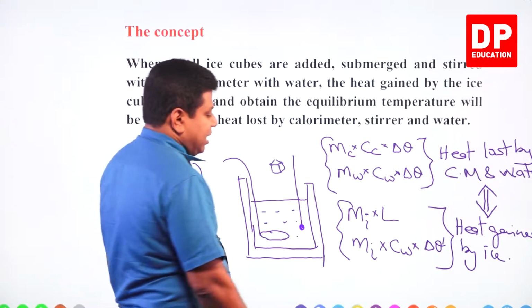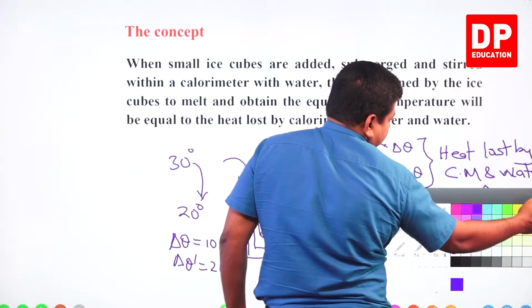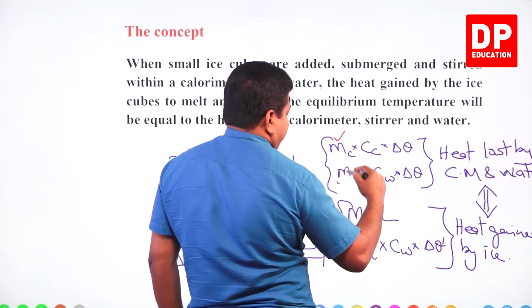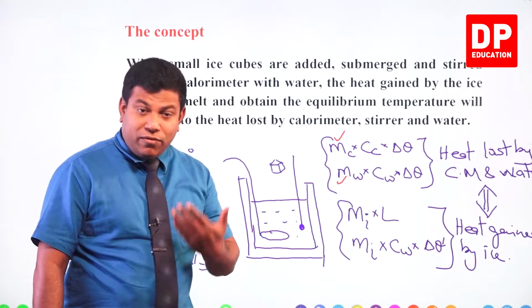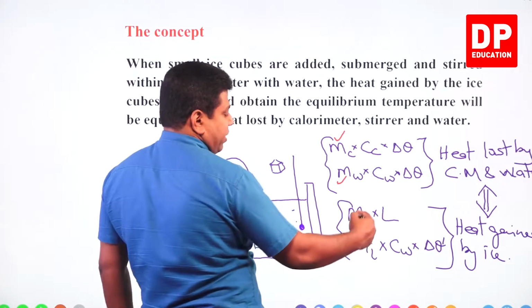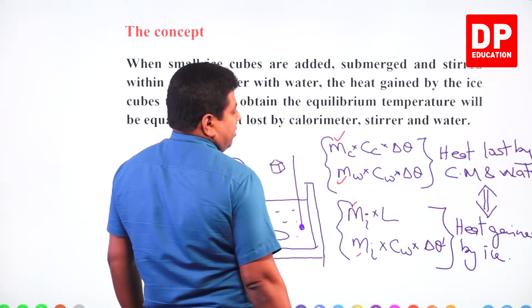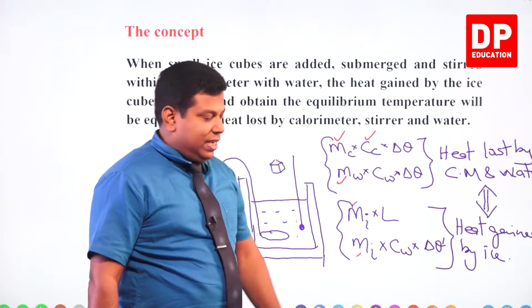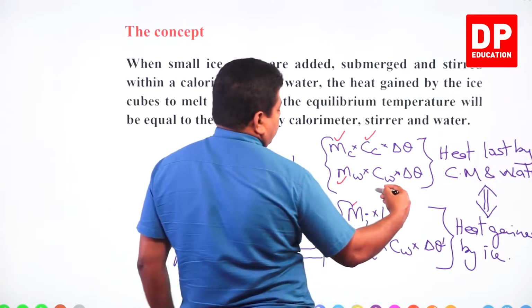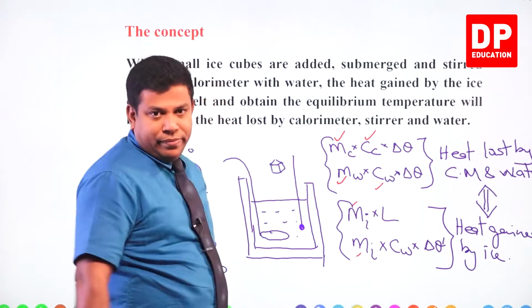So when we are doing this experiment, mass we can measure. We are going to use a 3-beam balance and find the mass. So all these masses we can find. Cc we usually take it as 400. Cw we usually take as 4200.